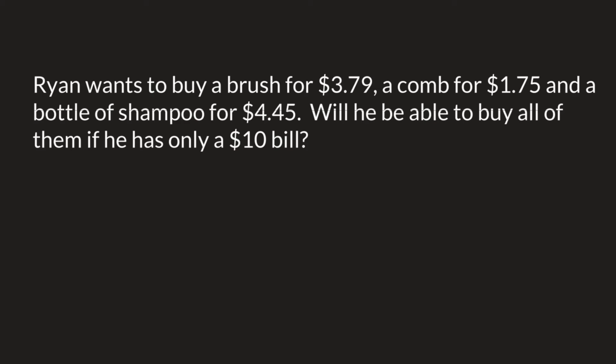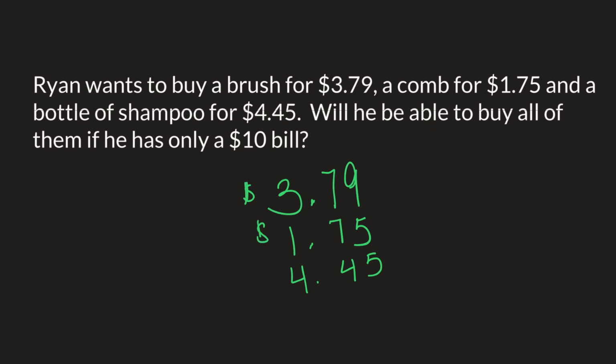Okay, so the first number we have is $3.79. Okay, next we have $1.75, and you see I'm still lining up my decimals, and we have $4.45. If we add 9 plus 5 plus 5 is going to give us 19.